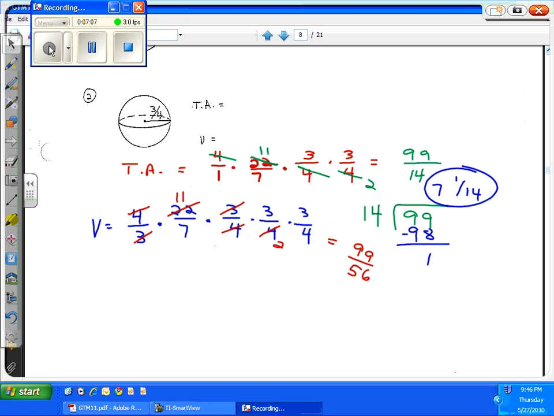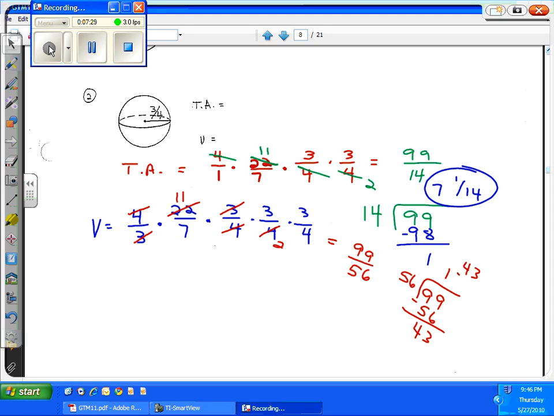Now there's a 99 out of 56. And I obviously messed that part up too. So 99 divided by 56, maybe not, let's see. 99 divided by 56. It'll go one time, you get 56 with 43 left over.